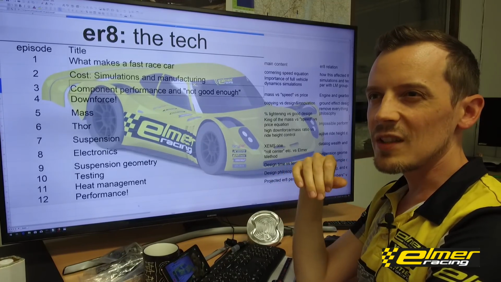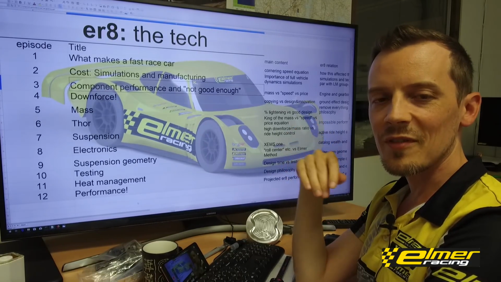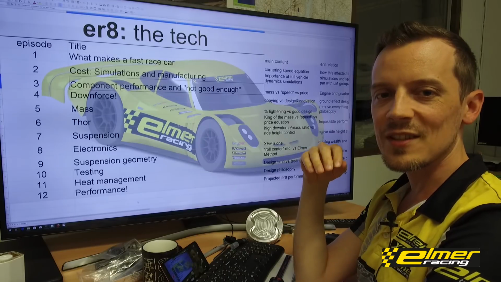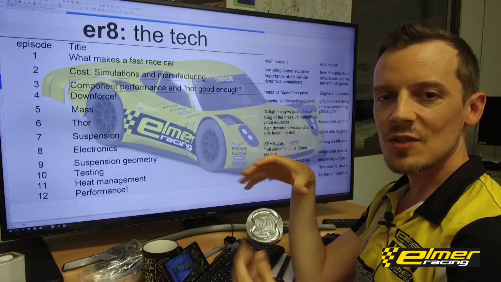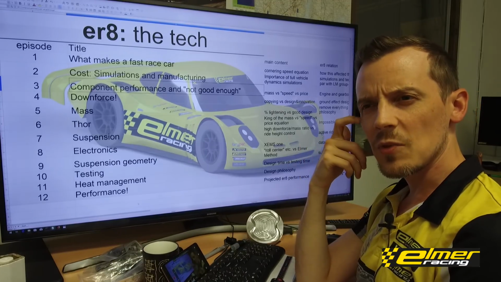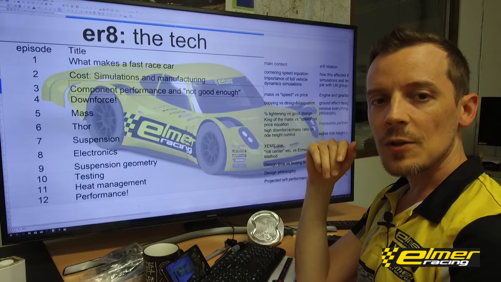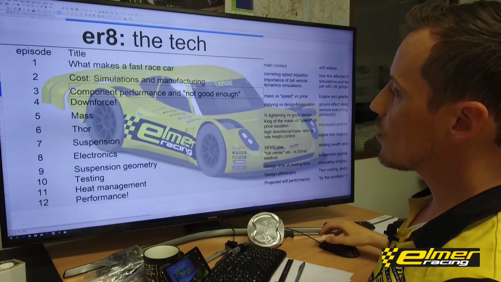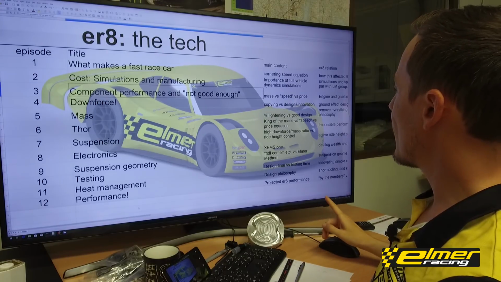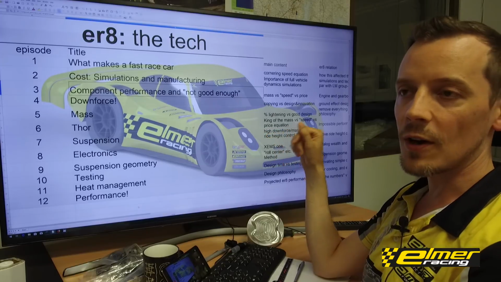I would not even be sure how to do an analytical analysis on this, because the design space and choices to be made is just so large that I don't think it's really feasible, but there probably is some way to do that also. In this episode we'll be looking at the drivetrain selection for our er8 car.